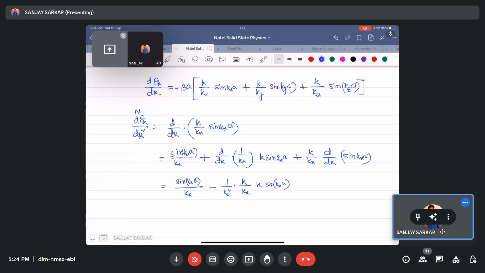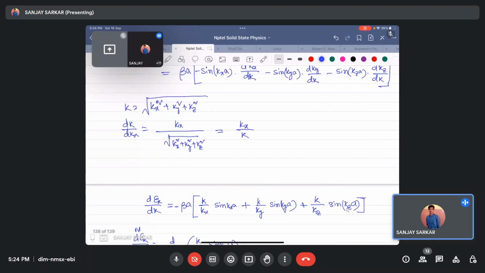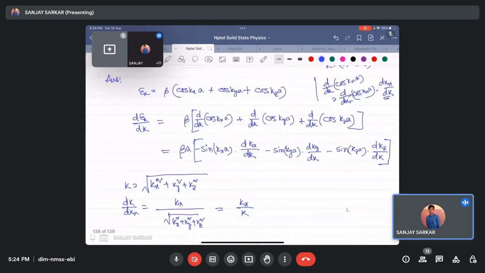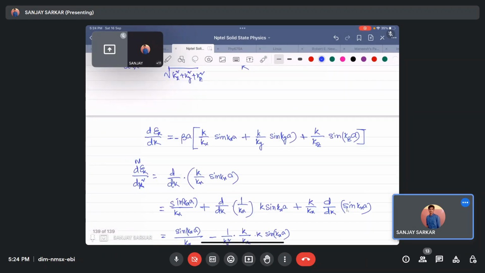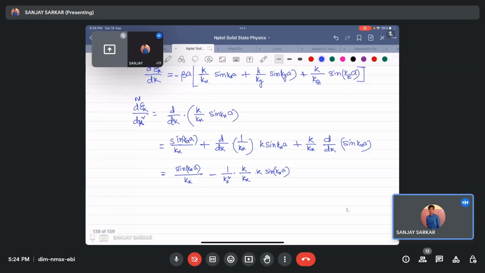Finally, we need the differentiation of sine kxa. It will be plus k by kx, with a, times cos kxa, times d dk of k by kx.